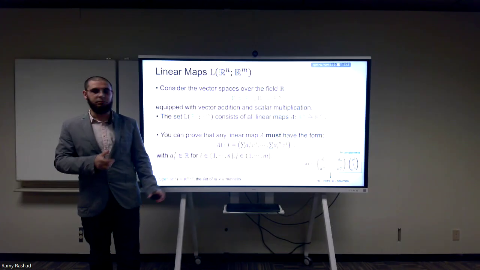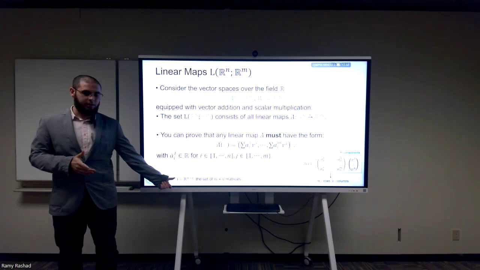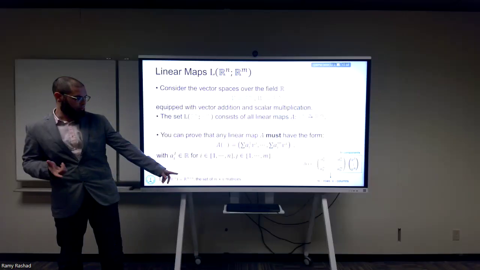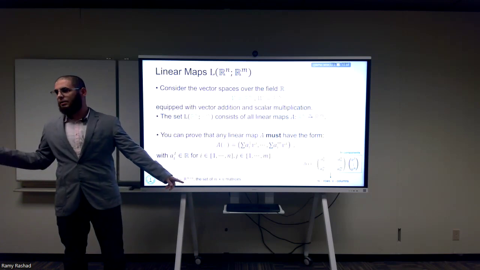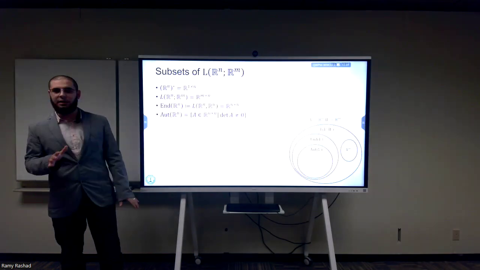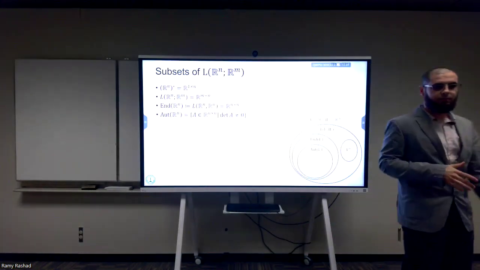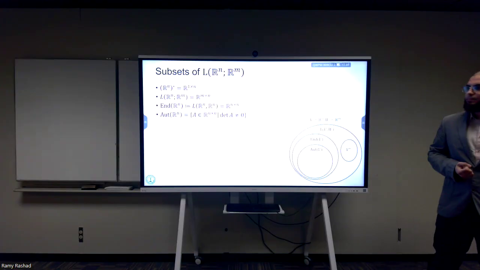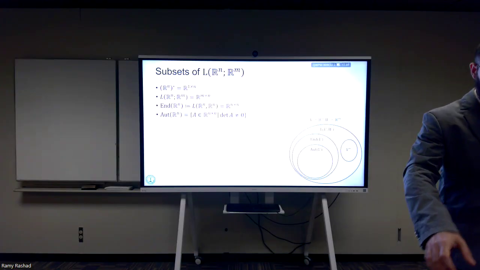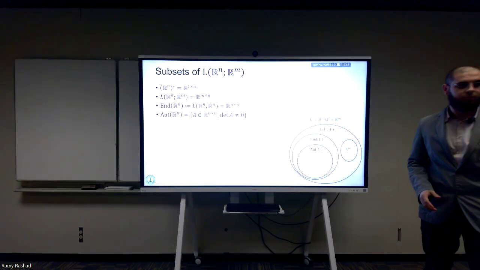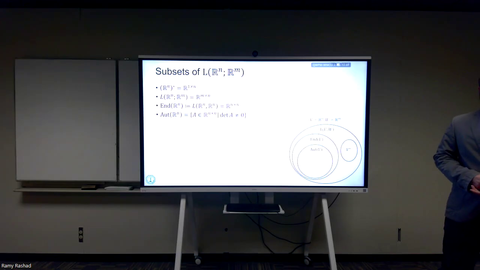Make sense? So what is L? What is the L that goes from Rn to Rm? It's the set of all m by n matrices. Now let's see whether this makes sense to you. Check it. Make sense?